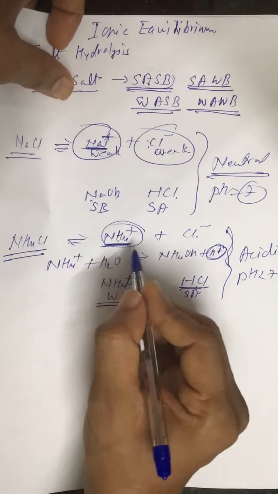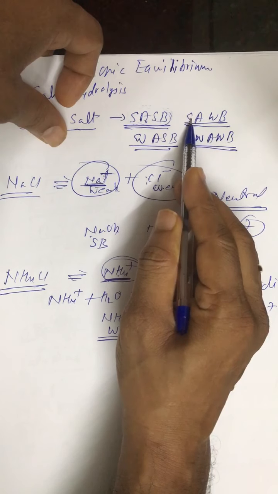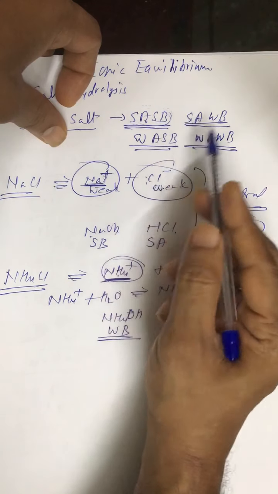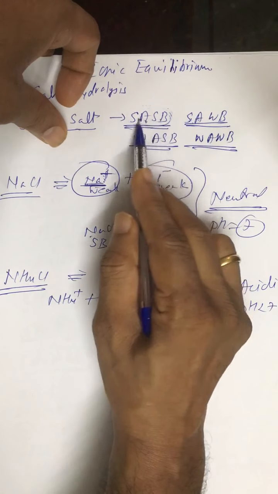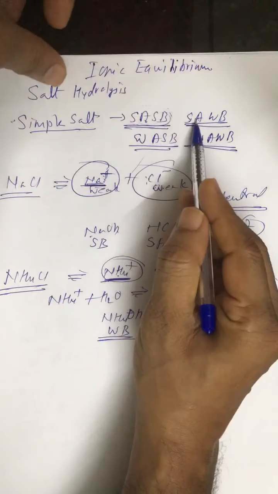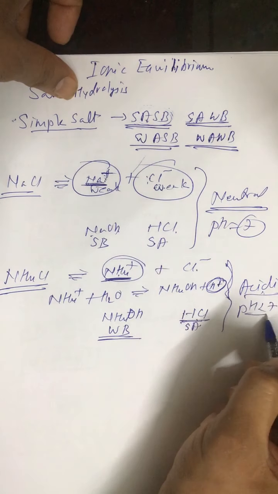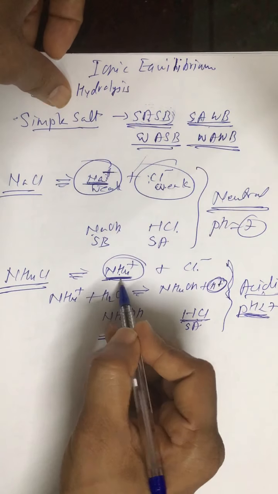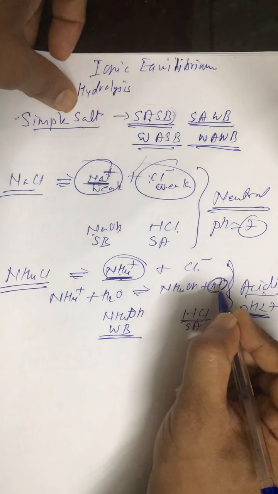So simply say, in a strong acid, weak base salt, due to the strong acid, the solution is acidic. Here one part is strong acid and the other is weak base, so you can straight away say it is acidic and pH is less than 7. But you should be careful about which part undergoes hydrolysis, so that you can also analyze.